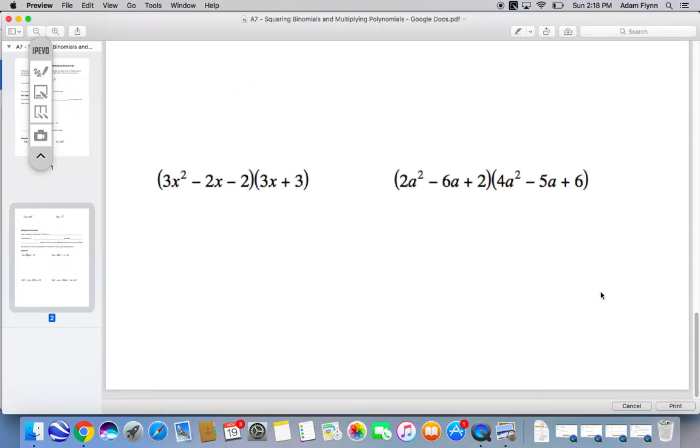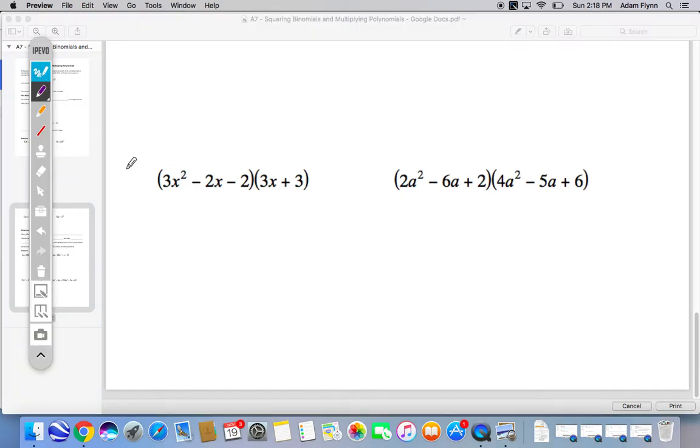Let's move down to the last two, almost done. So, since my routine is to take my leftmost term in my first polynomial and multiply it by every term in my second polynomial, I'm going to continue to do that.